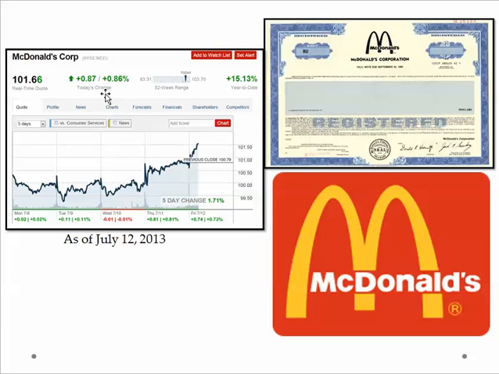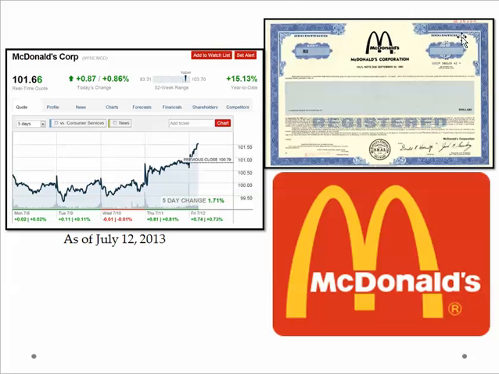And today's change is up by 87 cents, or up 0.86%. And year to date, this entire year, it's gone up 15%. So you see a big increase here in McDonald's stock. The idea is to buy it while it's low. Buy the stock and shares of it while it's low, and when it gets up high, either hang on to it and keep your stock, or sell it and reinvest in some other stock, whatever floats your boat.